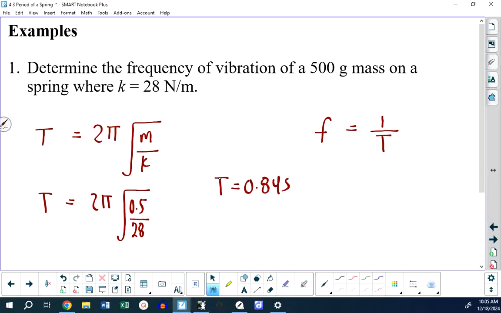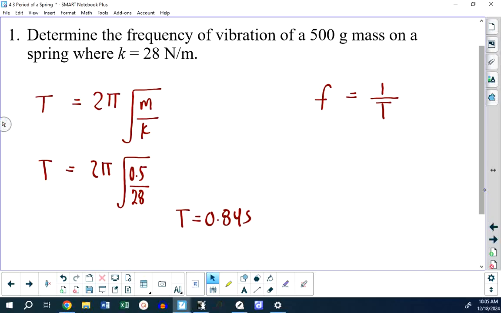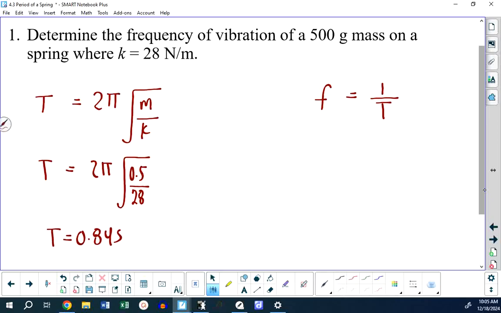Anybody else in agreement? Okay. What is the frequency then? Well, the frequency will be the reciprocal of that. We're dividing 1 by seconds, so that's going to give us units of per second, which is hertz.